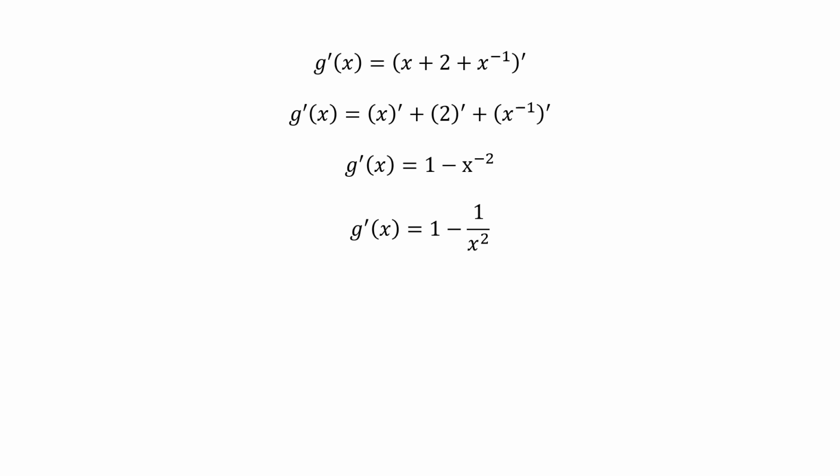To subtract these fractions, we need a common denominator, so multiplying the first term by x squared over x squared, we get g prime of x equals x squared over x squared minus 1 over x squared. Subtracting the fractions, we get a final simplified answer of g prime of x equals (x squared minus 1) over x squared.